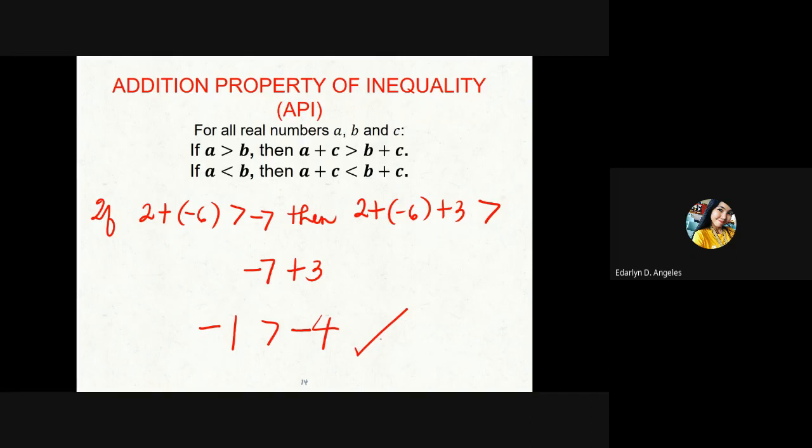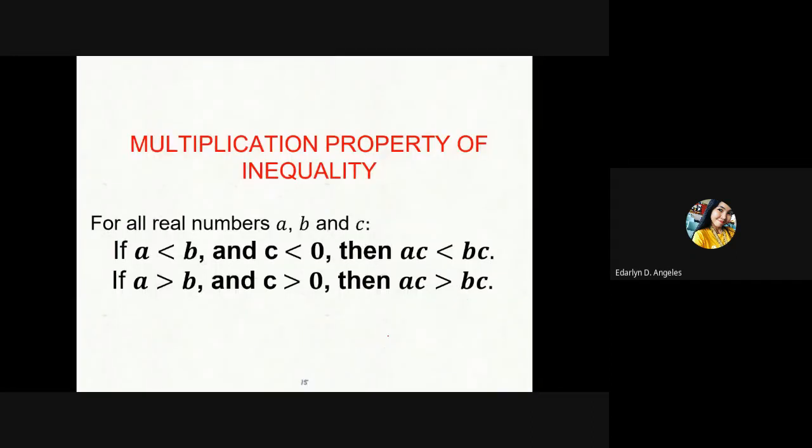Alright? Next property would be the multiplication property of inequality. So here, just like in the addition property of inequality, it's just multiplication. If A is less than B and C is less than 0, then A times C, or AC, is less than BC.